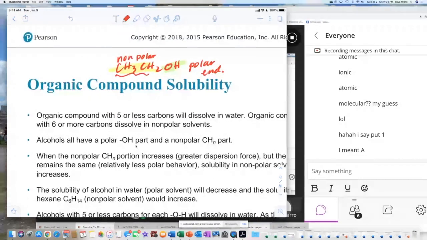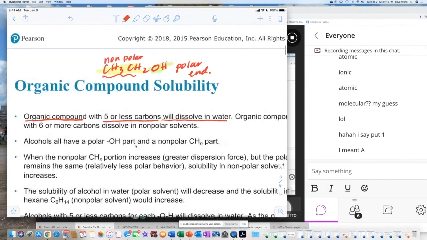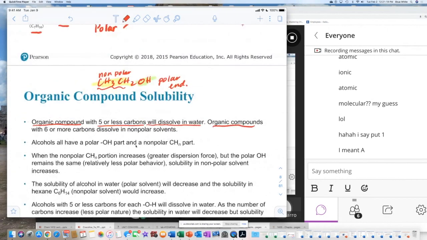For that reason, we're told organic compounds with 5 or fewer carbons will, for the most part, dissolve in water. Organic compounds with 6 or more carbons will dissolve in nonpolar solvents. That's not explained very well here, but you need to have 6 carbons per 1 OH.